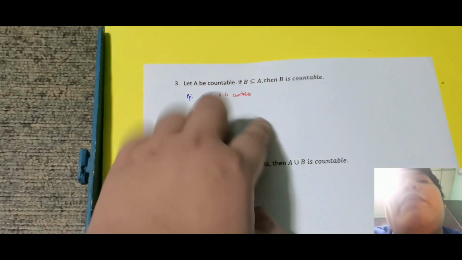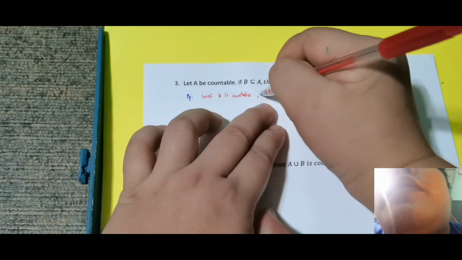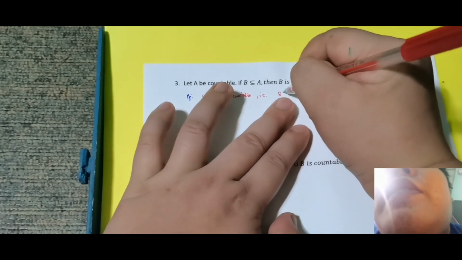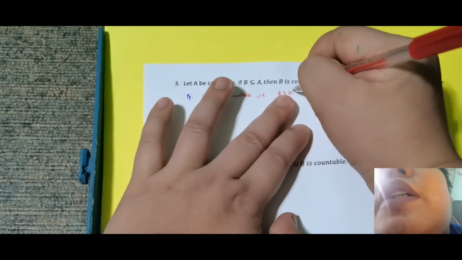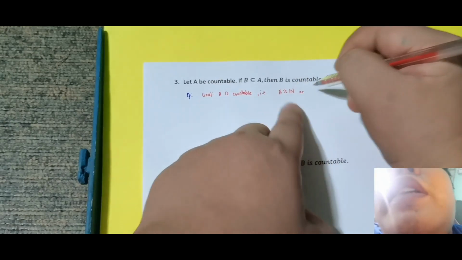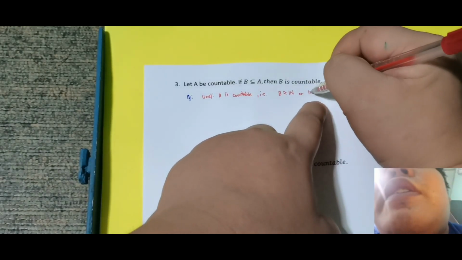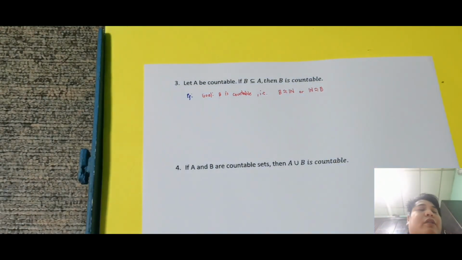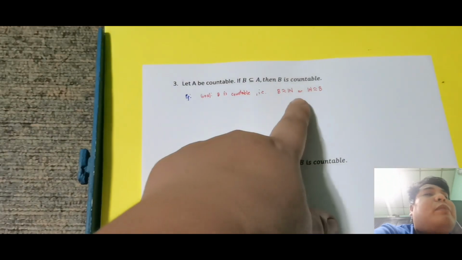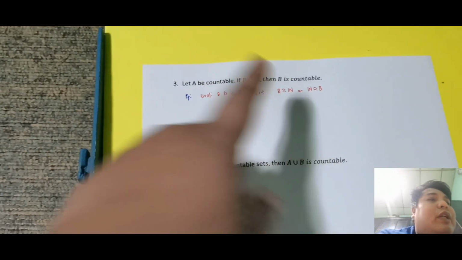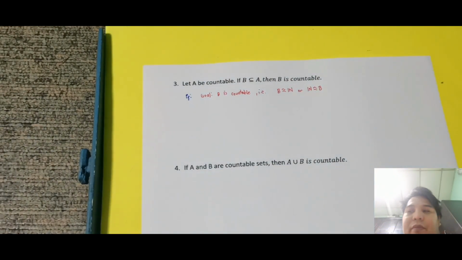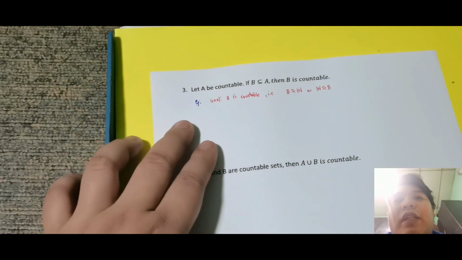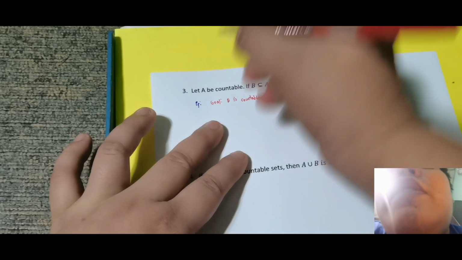So, para masabi natin na B is countable, this implies that B is numerically equivalent to natural number, or by symmetric property ng equivalence, natural number is equivalent to B. Okay? So, kailangan natin makapaglabas ng function mapping from either sa dalawang yan. Tapos, dapat bijective. Okay? Ngayon, since B is a subset of A, aware ako dito, no?